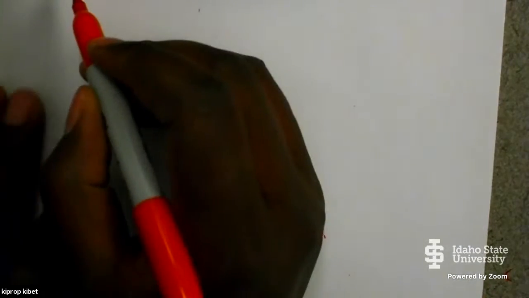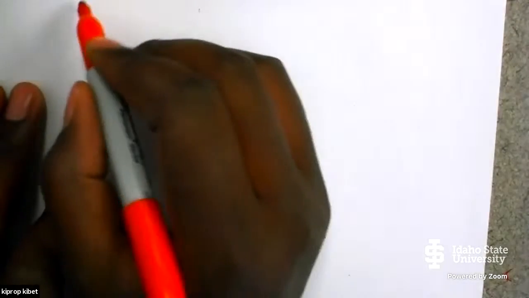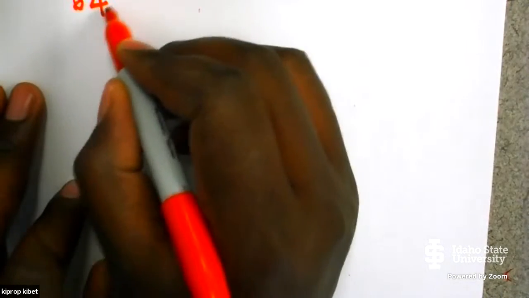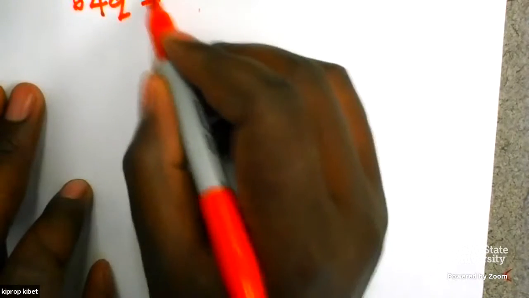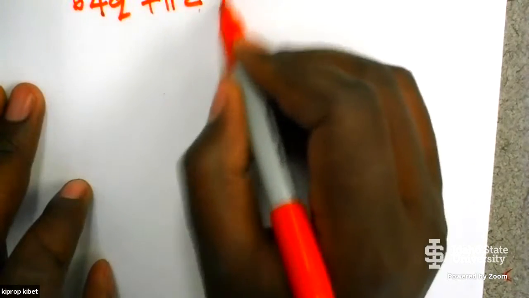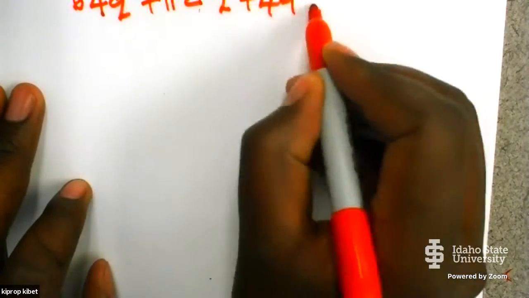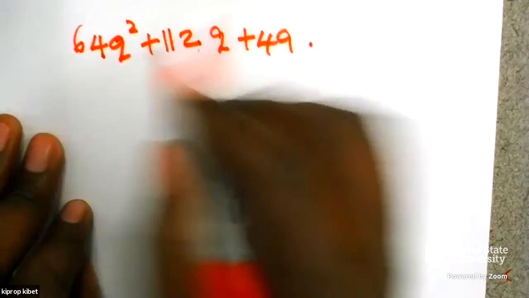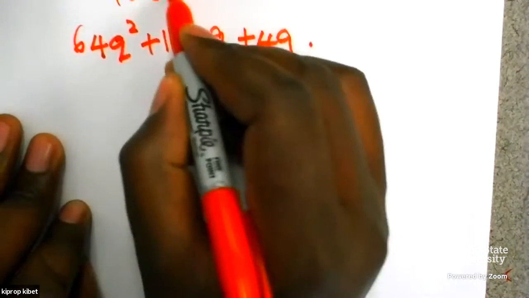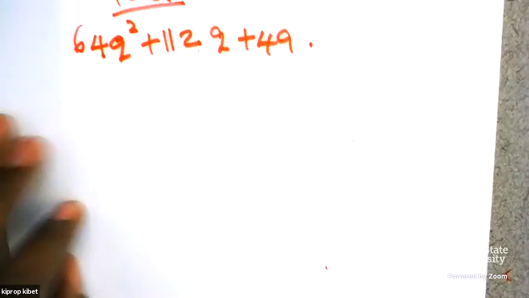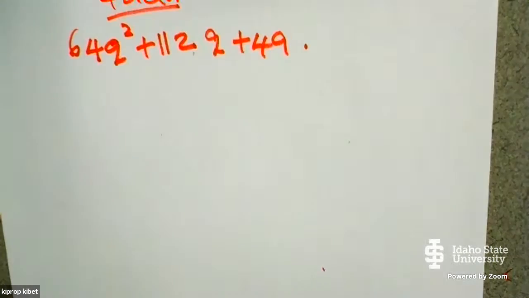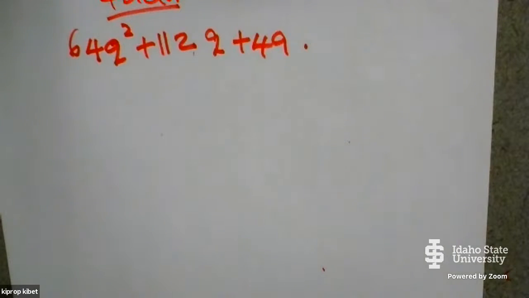Example number 2. 64q squared plus 112q plus 49. Factor this. This is also similar to number 1 because these are positive.